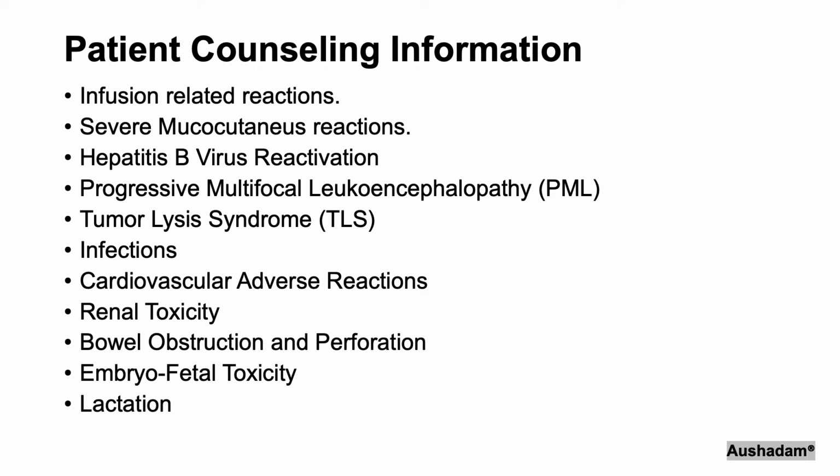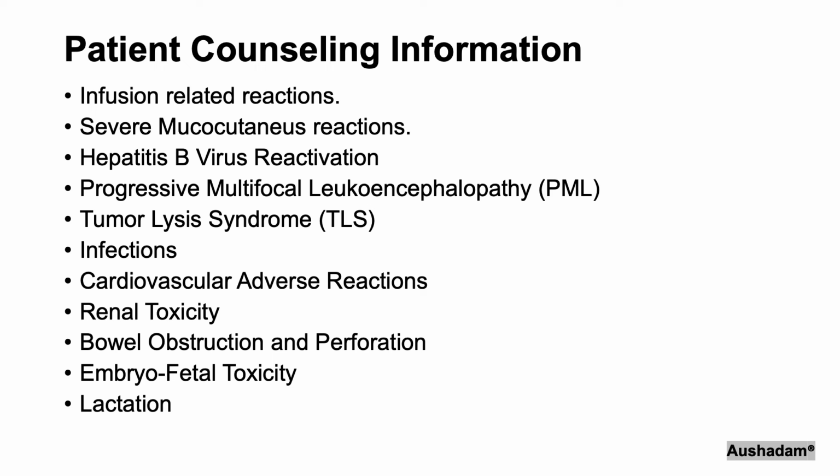Most importantly, to highlight and to recap, using rituximab can be associated with infusion-related reactions like what we talked about, severe mucocutaneous reactions like Stevens-Johnson syndrome, reactivation of hepatitis B virus if they are not appropriately screened, and very rarely neurological infections leading to progressive multifocal leukoencephalopathy.